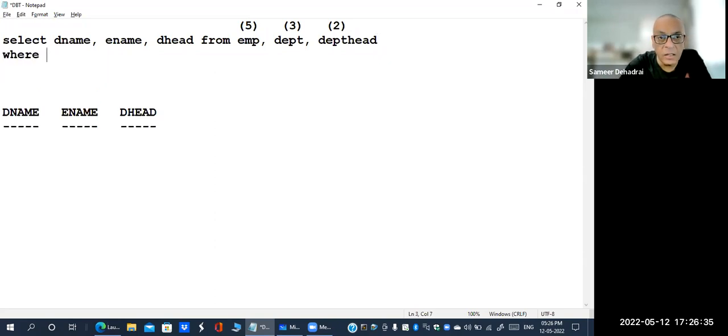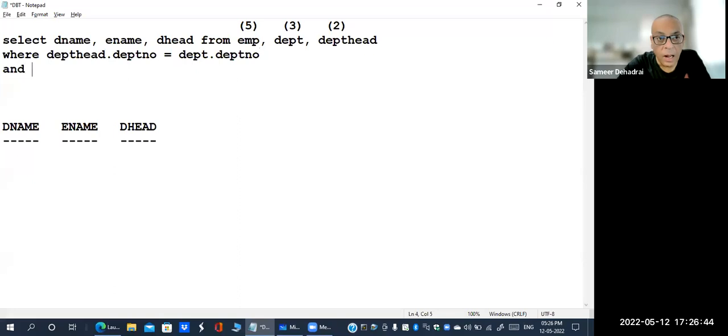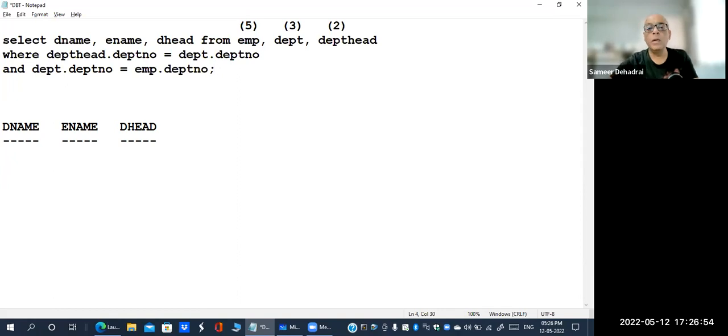And this is my condition where department head dot department number equal to department dot department number and department dot department number equal to EMP dot department number. Please write it. Please write it.